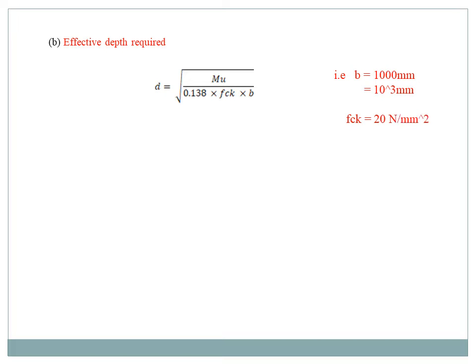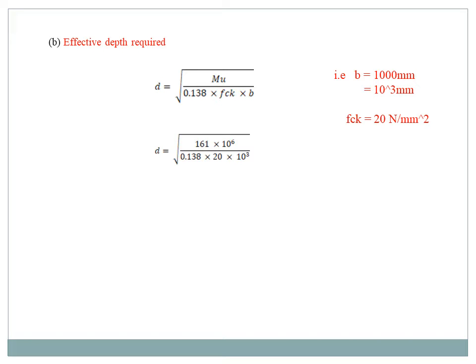The next, effective depth required. We know the simple formula, d is equal to root of Mu divided by 0.138 fck into b. We know that b is equal to 1000 mm, and fck is equal to 20 Newton per mm square. For all the problems, whether retaining wall or flat slab or anything, we can take b is equal to 1 meter, which is converted into mm as 1000 mm.